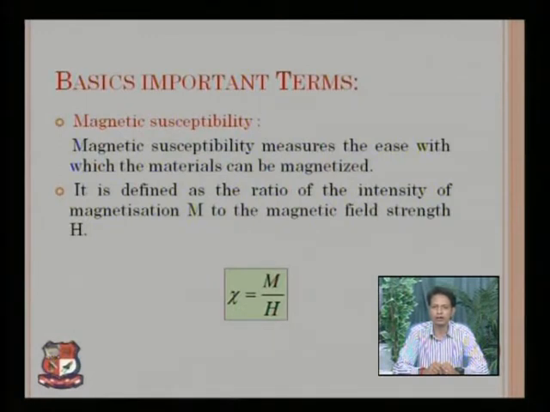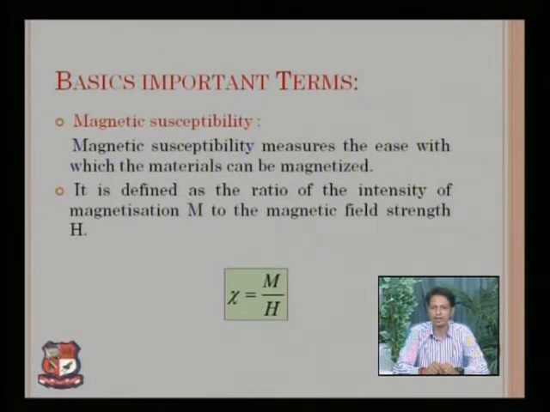So if we describe magnetic susceptibility, we can define how easily any material, in comparison to others, can be magnetized.